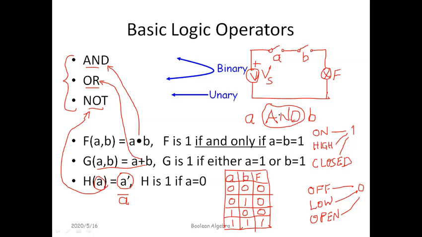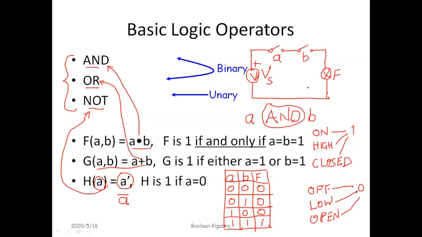Now let's try to understand this notation. We've made it clear that for the lamp F to come on, switch A and switch B have to be closed.